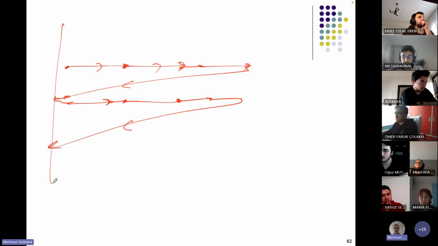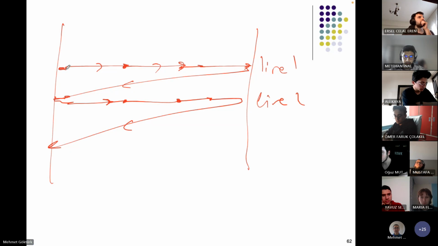As you read a text, these are the lines. This is how our eyes move. Therefore, if you try to reduce the number of stops by any means, it improves reading speed.